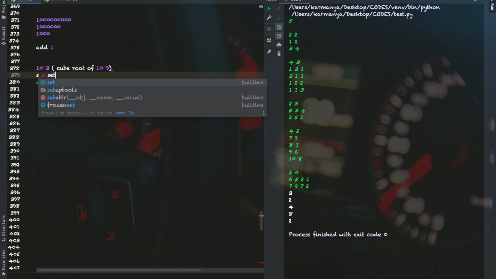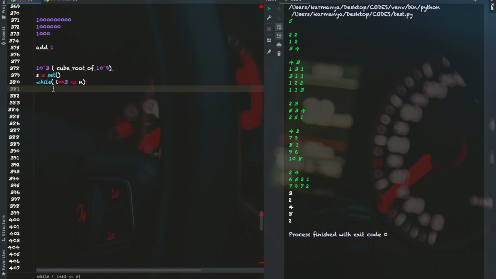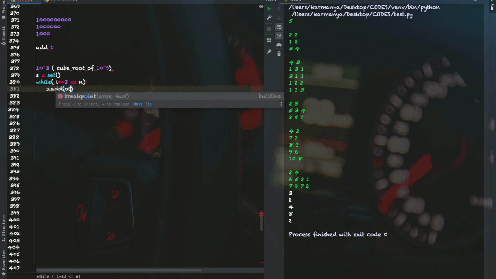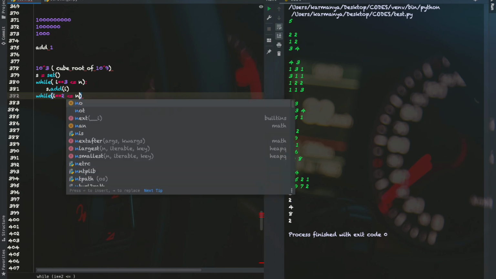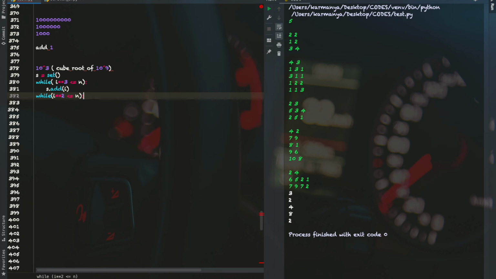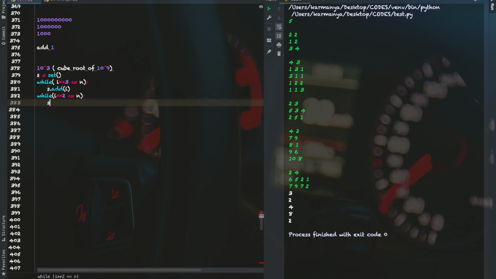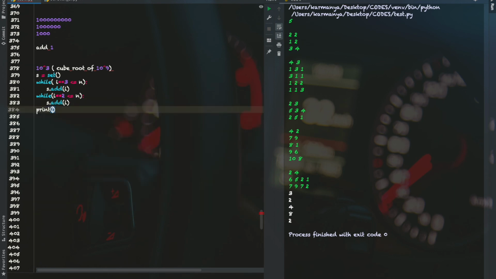You add these numbers to that set. Similarly, if you take i squared, which is less than or equal to n, you add those to the set as well, and then you just print the length of that set.